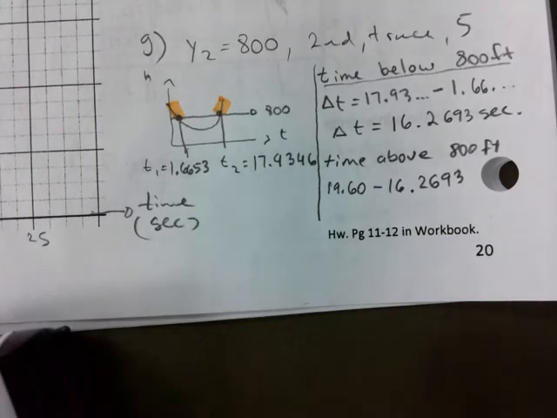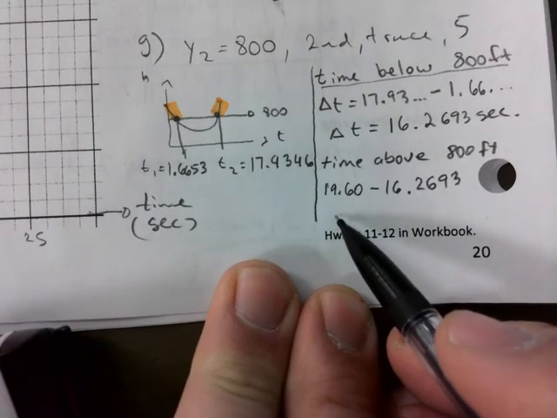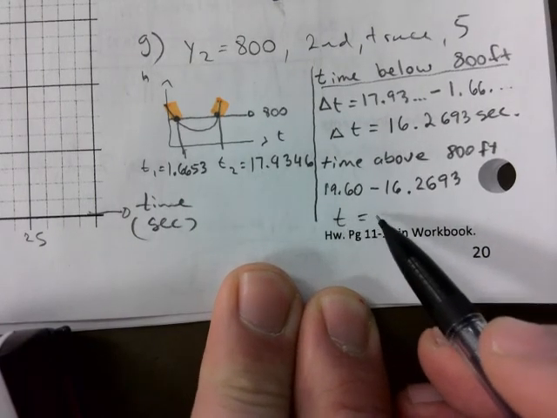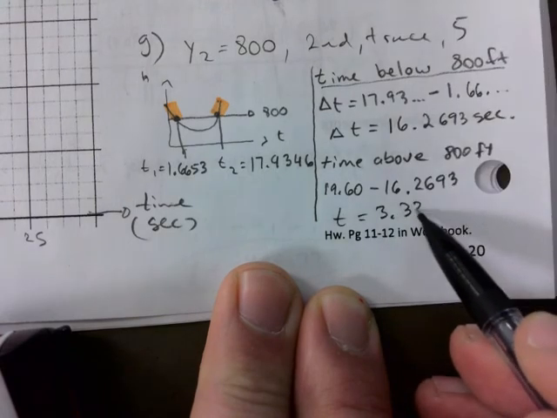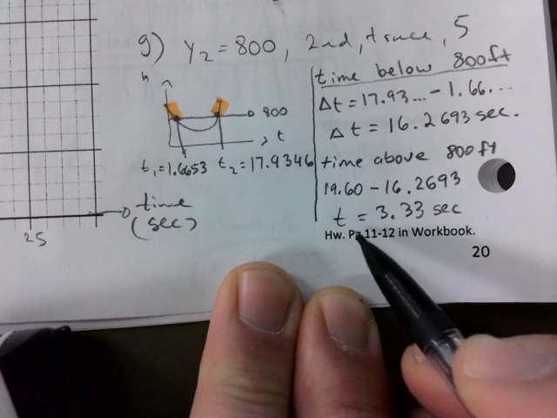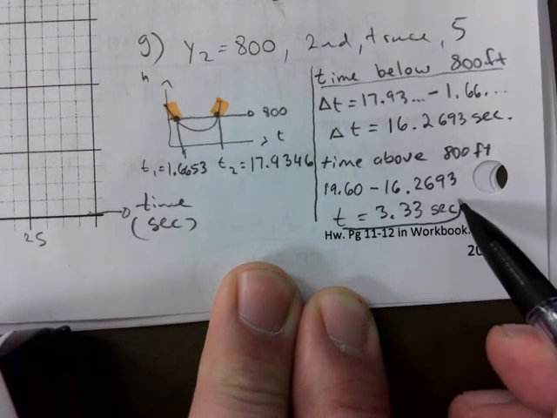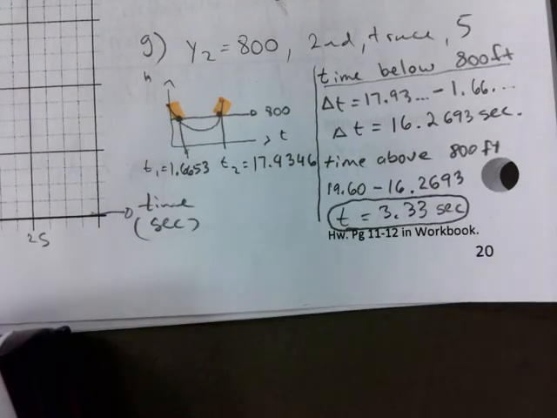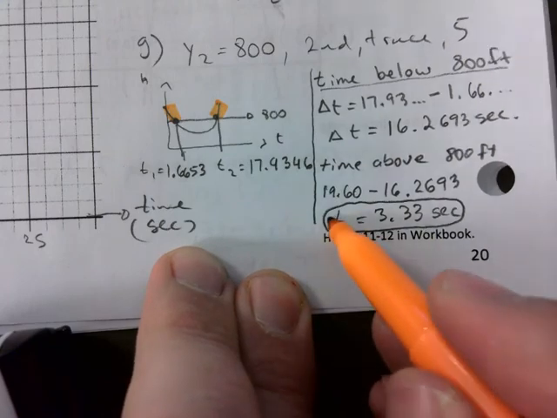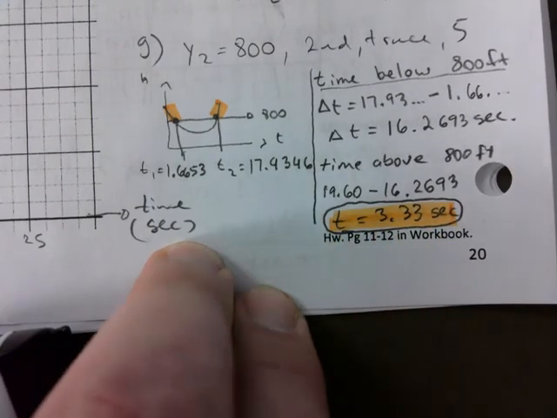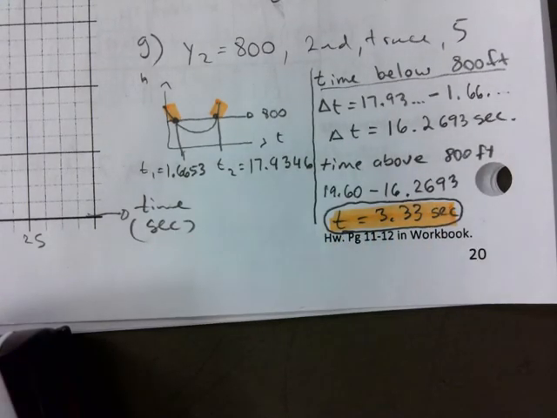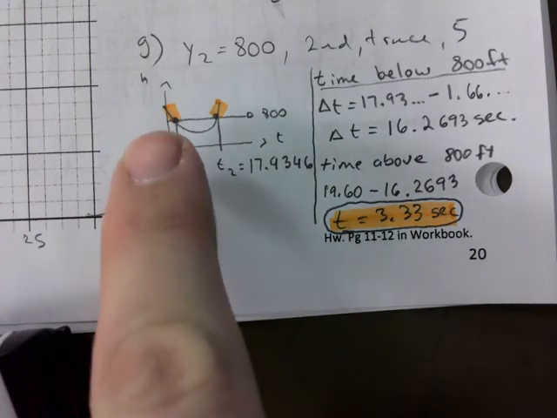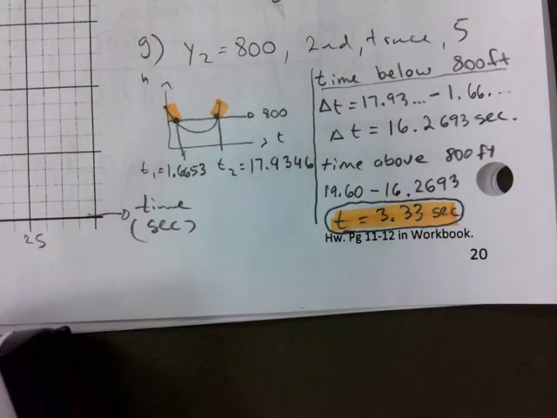And now you're scratching your heads like, I need to get out of here, right? So the time is 3.33 seconds. And I'm going to highlight this orange so you know that this time right here is your time spent above 800, because we figured out how much.